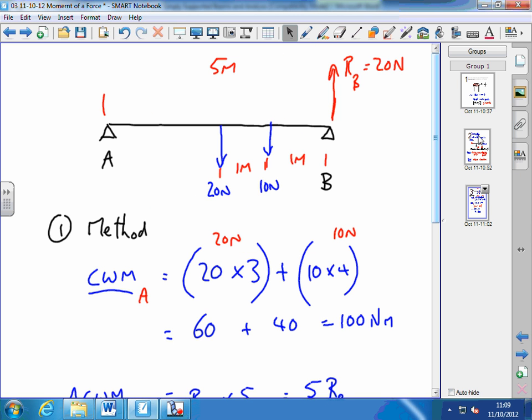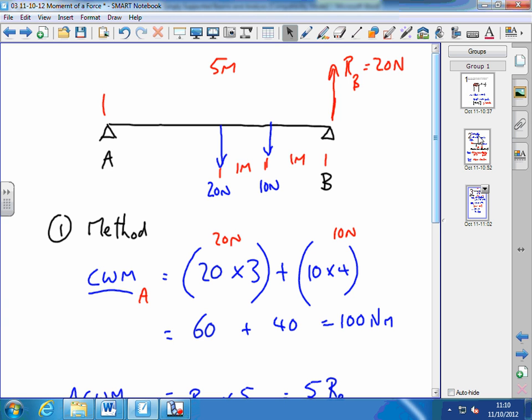So what load is this support B taking? A force of 20 newtons. So I need to make sure that my support can take a load of 20 newtons. Now, I want you to assume the pivot is at B and work out the reaction force at A using exactly the same method.